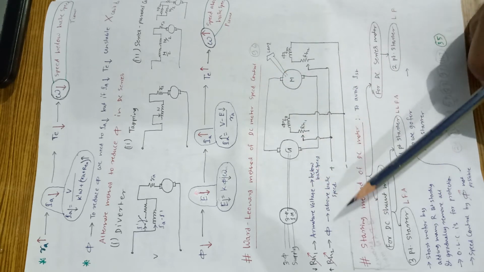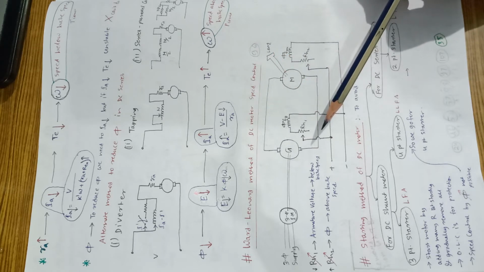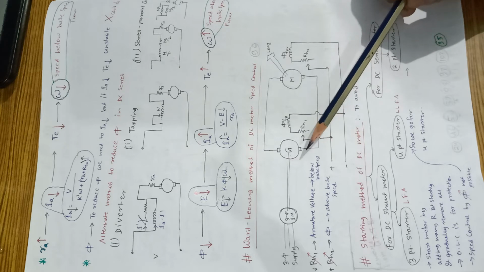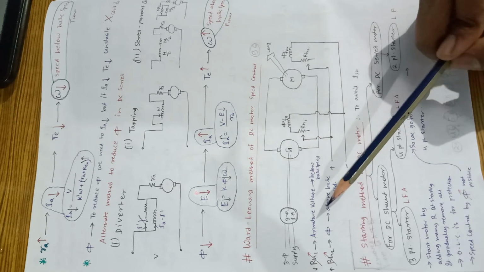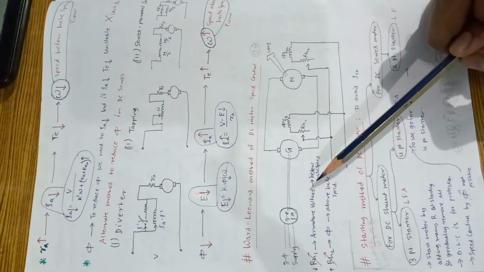Basically, speed below the base speed is obtained by decreasing the armature voltage, by decreasing the terminal voltage.